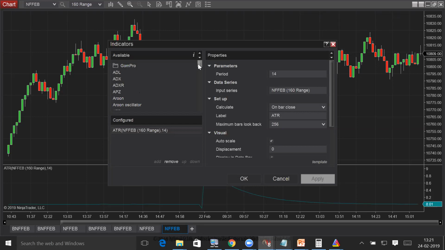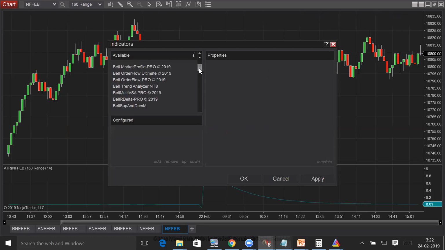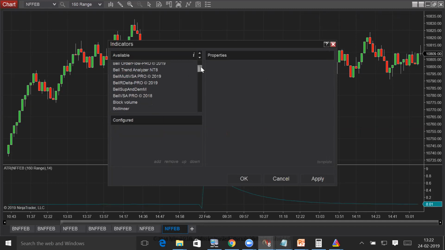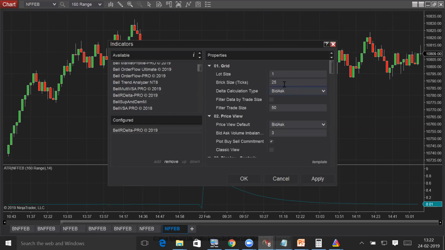Now scroll down and get the Bell R Delta. That is one more add-on package which you will be able to get. Set your brick size as 20.